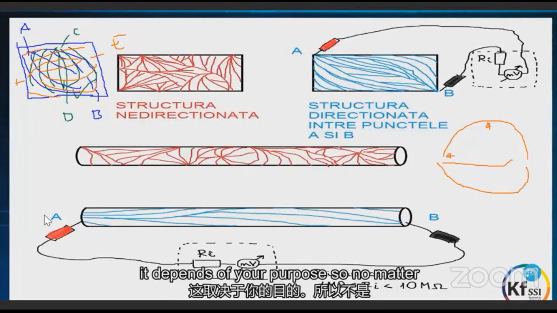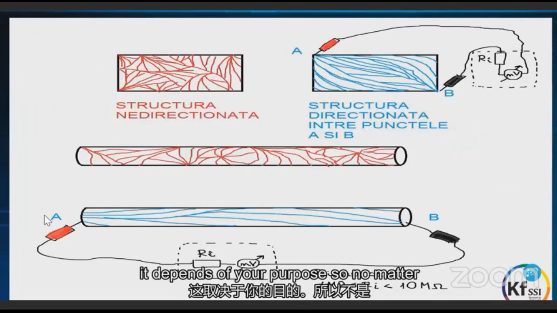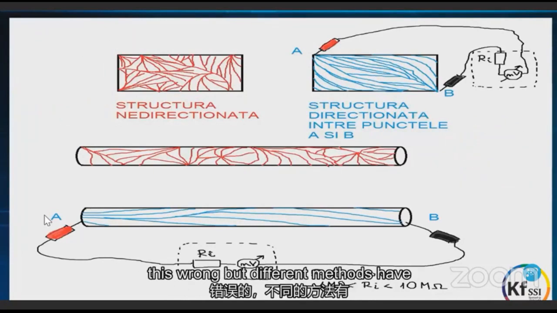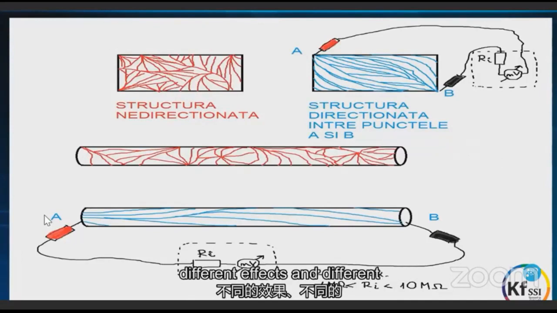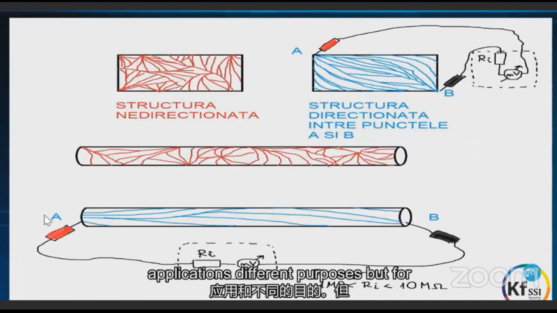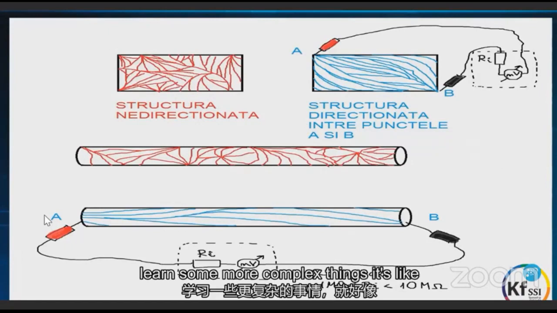It depends on your purpose. So no method is wrong, but different methods have different effects and different applications, different purposes. But for the beginning, it's good to understand the process itself, and later you can learn some more complex things.